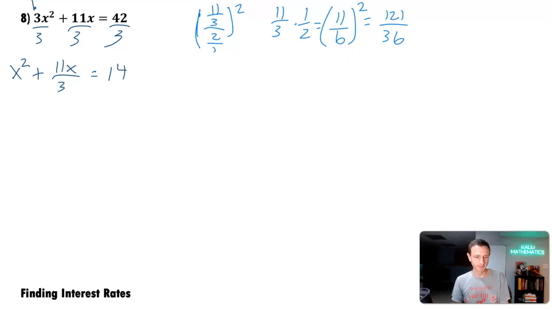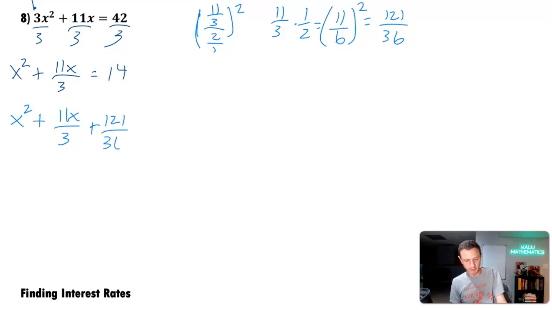Extremely messy fractions here. So I get, let me be mindful of my space here. X squared plus 11x over 3 plus 121 over 36 equals 14 plus 121 over 36. And then we factor.